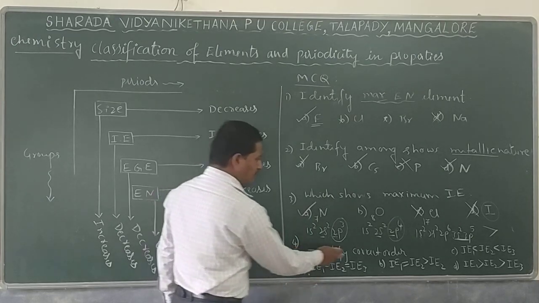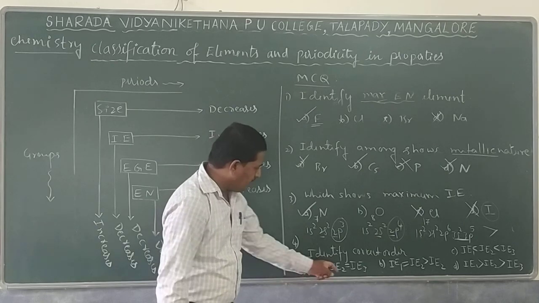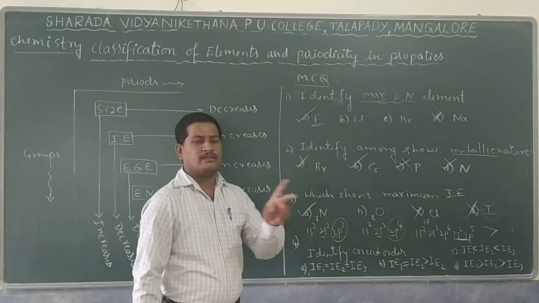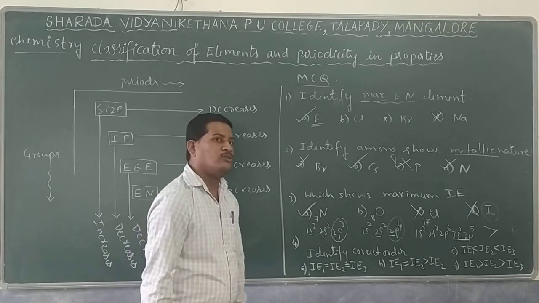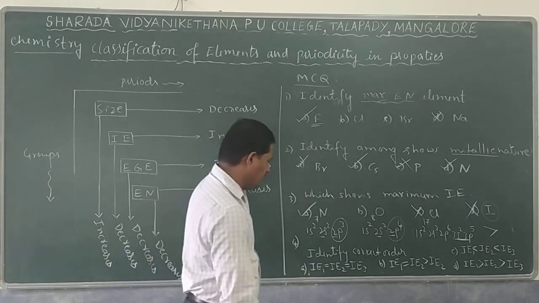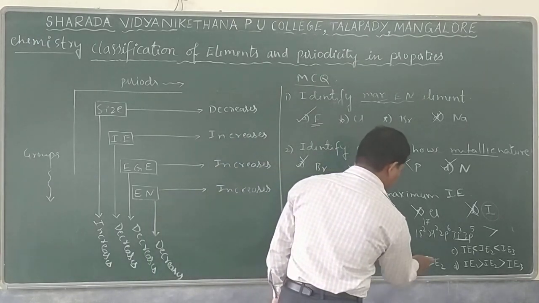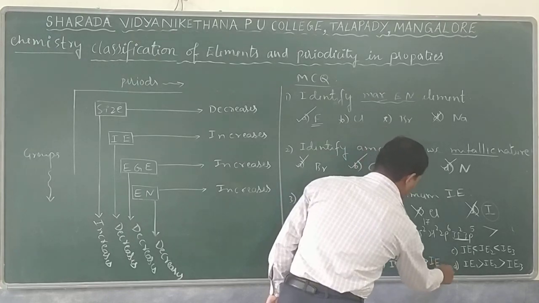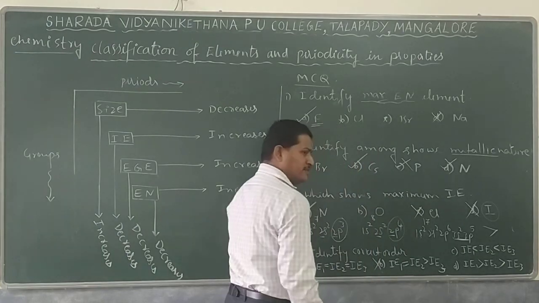Next, identify the correct order among the following. Here I1, I2, I3 are the first, second, and third ionization energies. Already I said the third ionization energy is always more than the second, which is more than the first. Option A has equality, so it is wrong. In B, equal and then greater than is given, but actually the third is more than the second, so B is not correct.